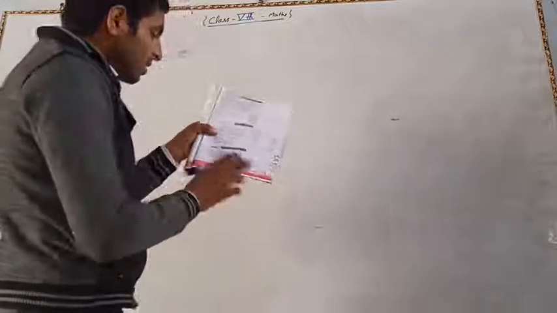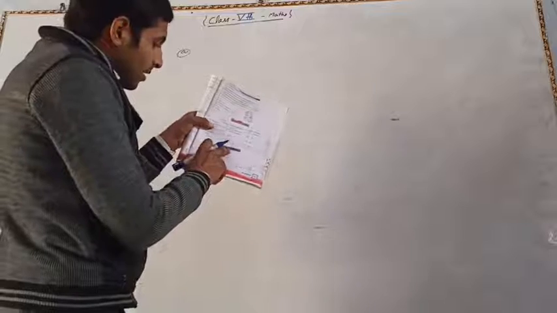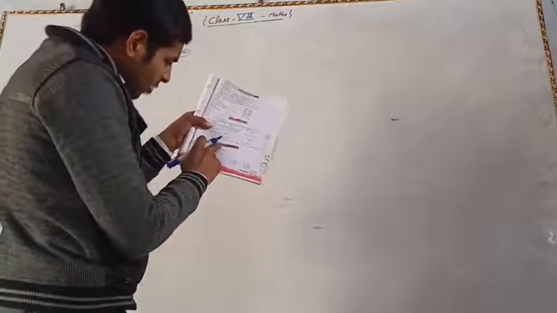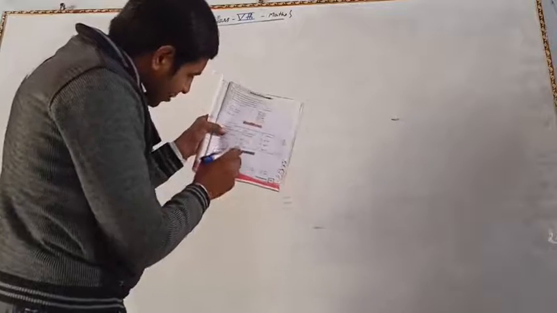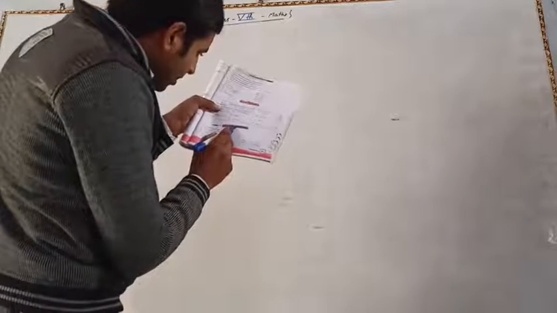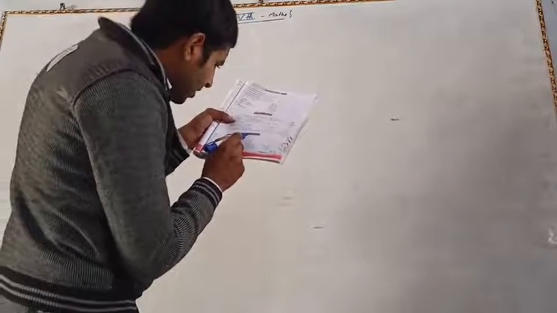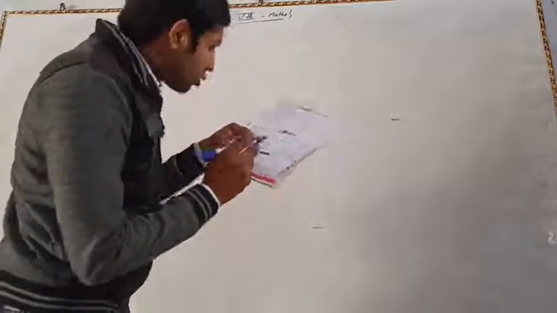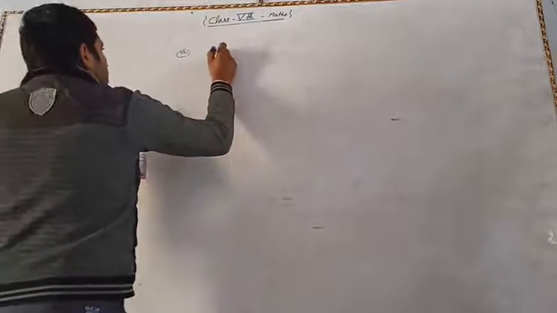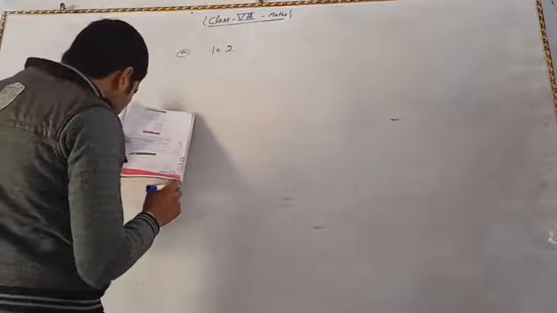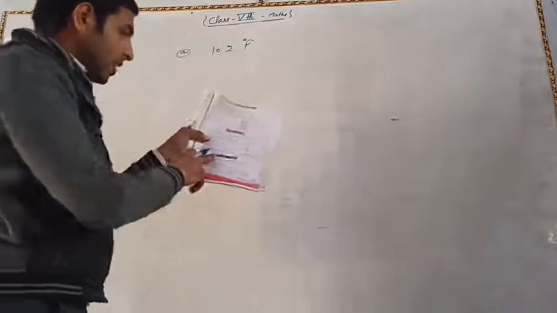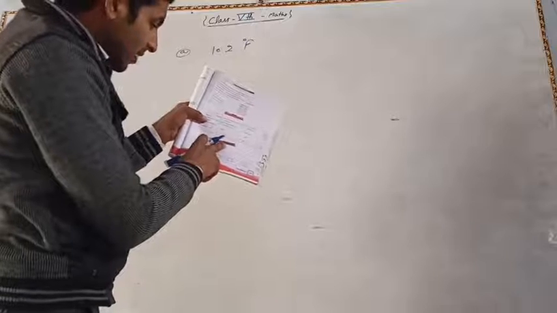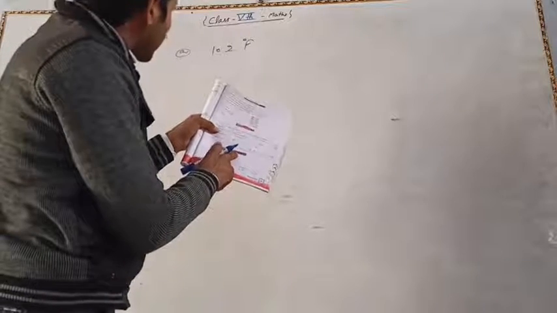Here you can see that the red or pink line indicates the temperature of Shreya's body. The temperature is 102 degree Fahrenheit. On the Fahrenheit scale you can see 102 degree Fahrenheit.